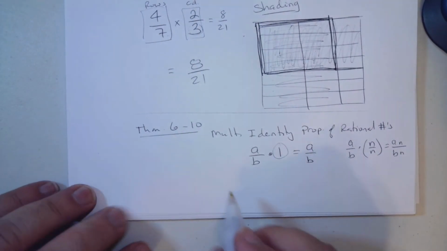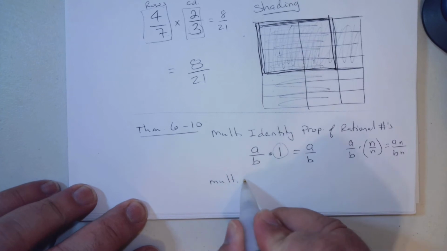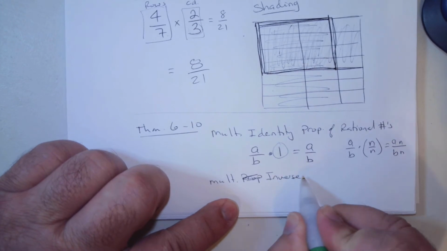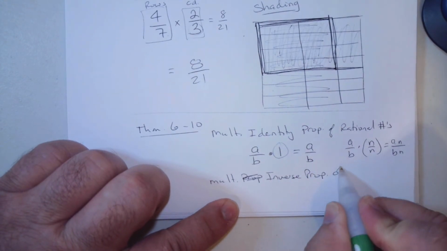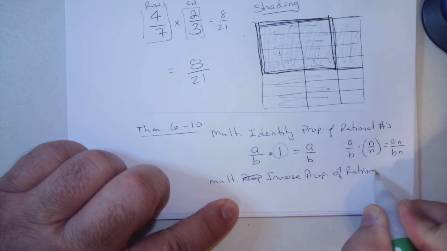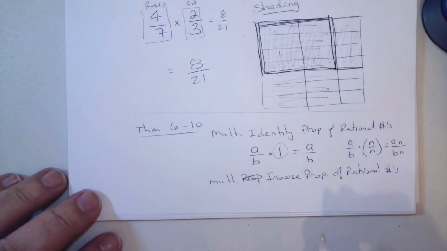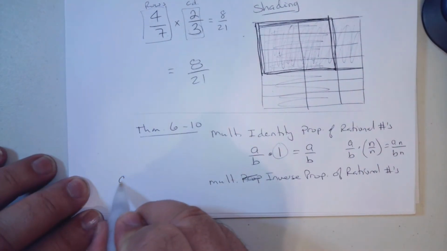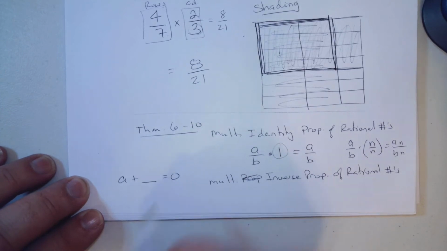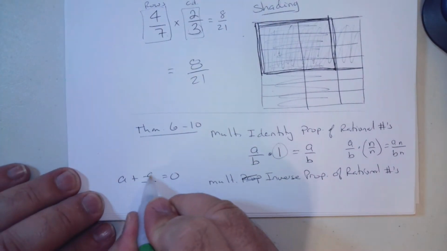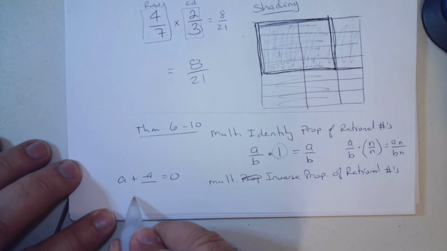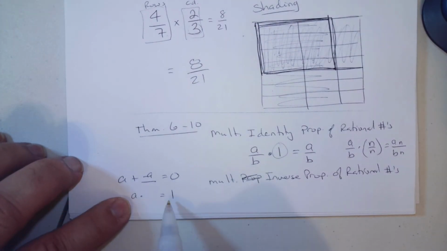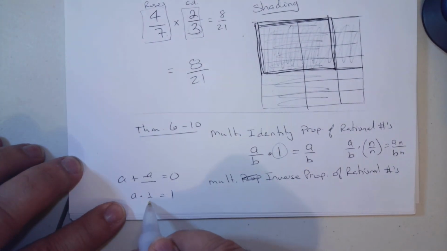That's the first one. Then we have the multiplicative inverse property of rational numbers. Remember, the inverse property helps us. Well, we had a plus negative a, which gets rid of it. So when you add, it equals 0. When you multiply, it equals 1.